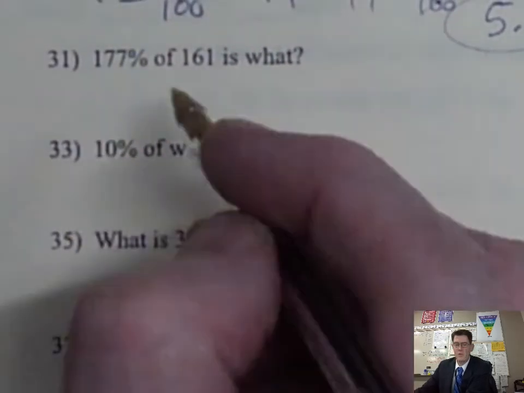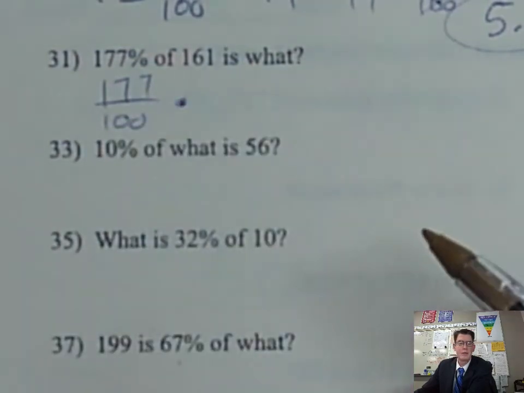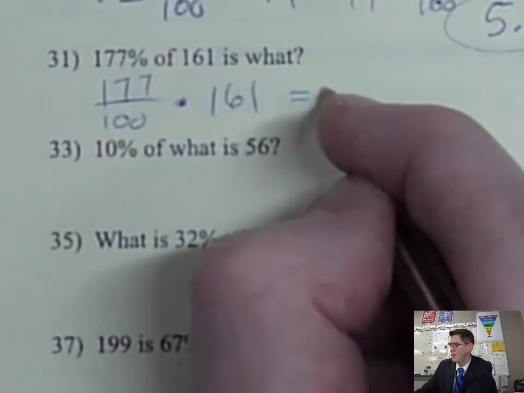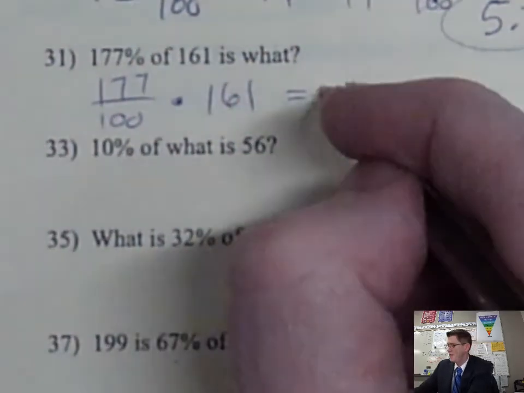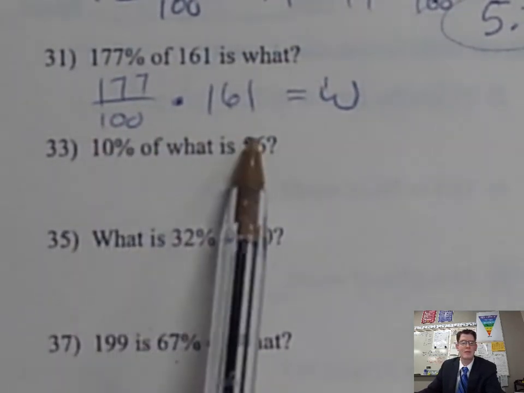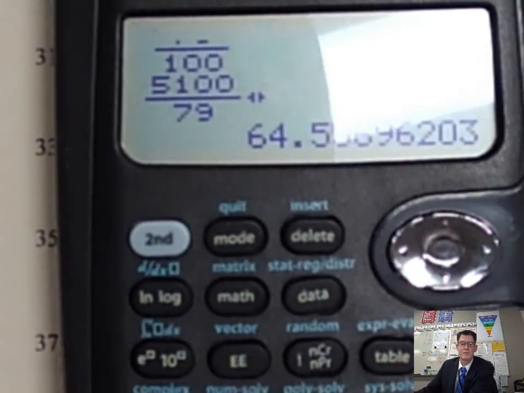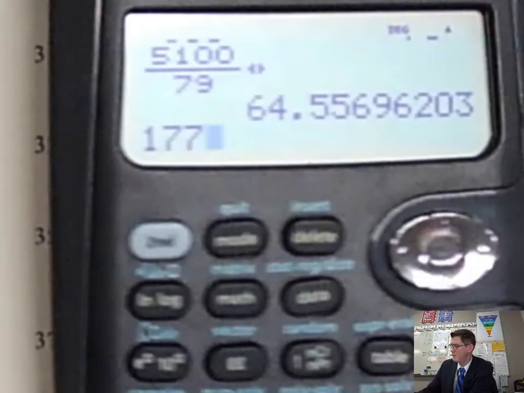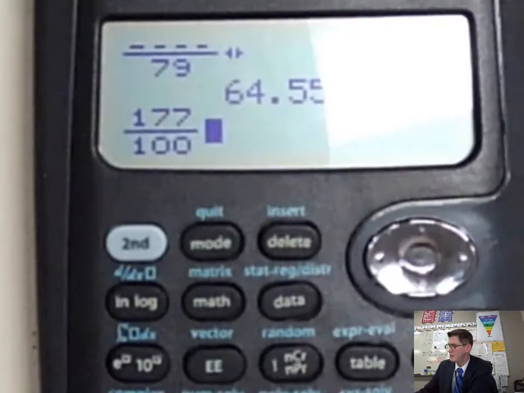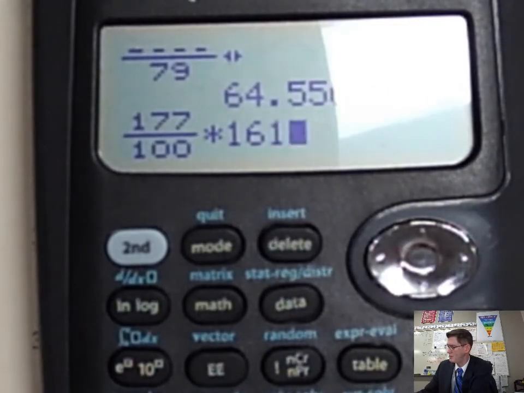Right here we have 177% times 161 is what number? On this one, the variable ends up all alone. We just type that into our calculator and we have the answer. 177% times 161.